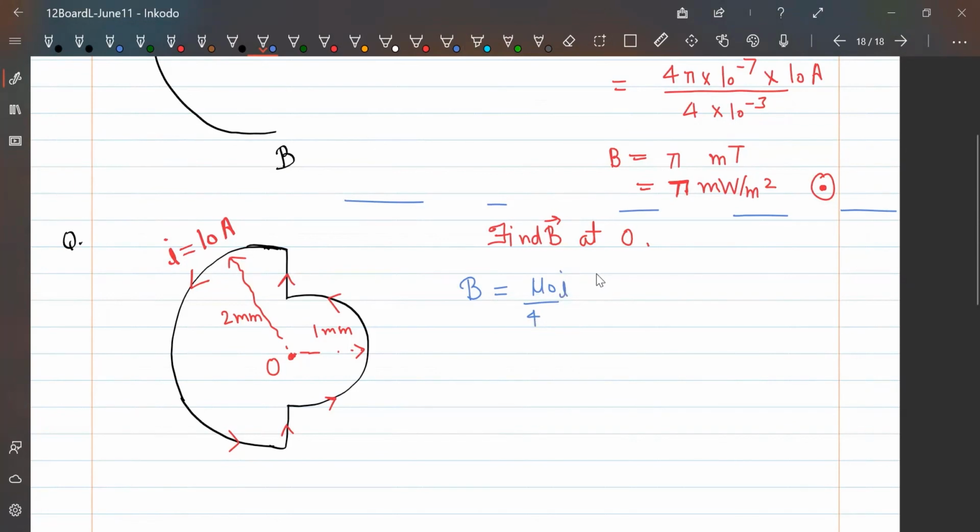So mu naught I by 4 R1 plus mu naught I by 4 R2. I can take mu naught I by 4 common. That will give me 1 by R1 plus 1 by R2.